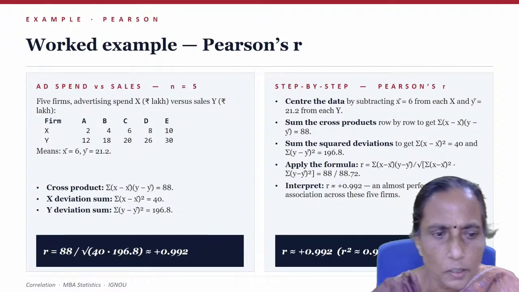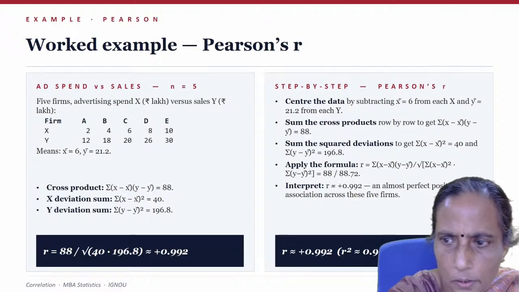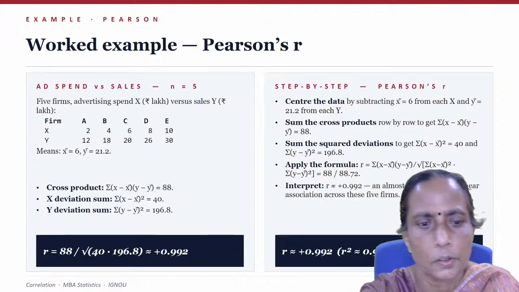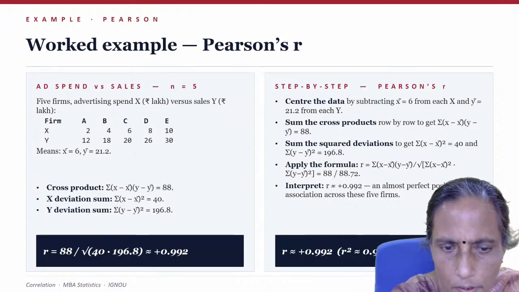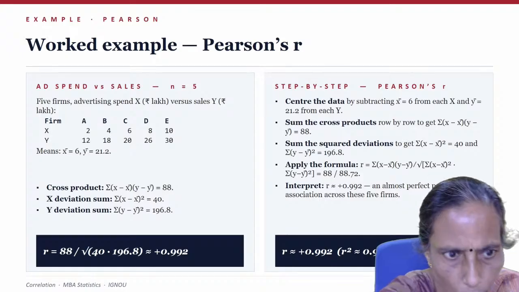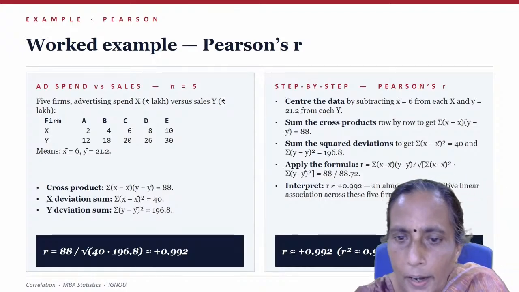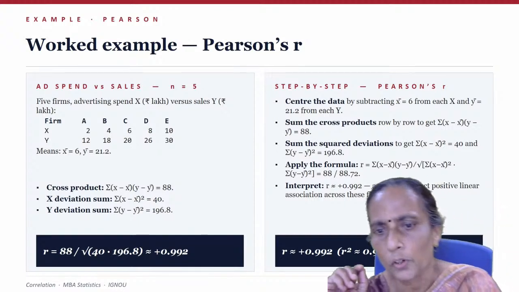The sum of cross products (x minus x bar)(y minus y bar) is 88. The sum of square deviations of x, summation (x minus x bar) whole square, is 40, and for y, summation (y minus y bar) whole square, is 196.8.